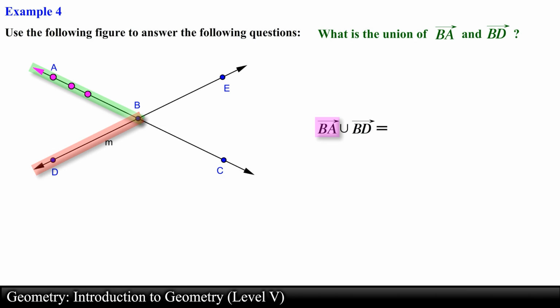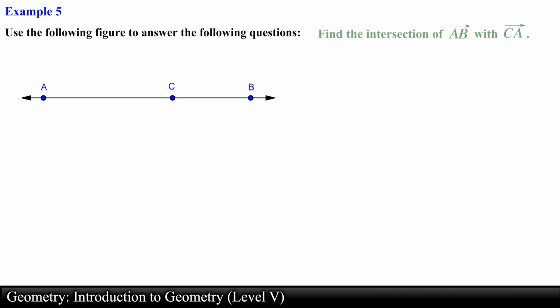We want to include all the points on ray BA or BD, or in both. Recall that an angle is formed when two rays have a common point of intersection, called the vertex. This is essentially what happens when we form the union of these two rays. Therefore, the union of ray BA and ray BD is equal to angle ABD or angle DBA. Alright, let's move along to the next example.